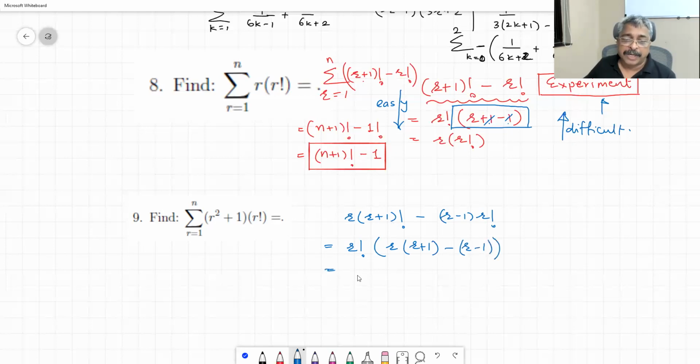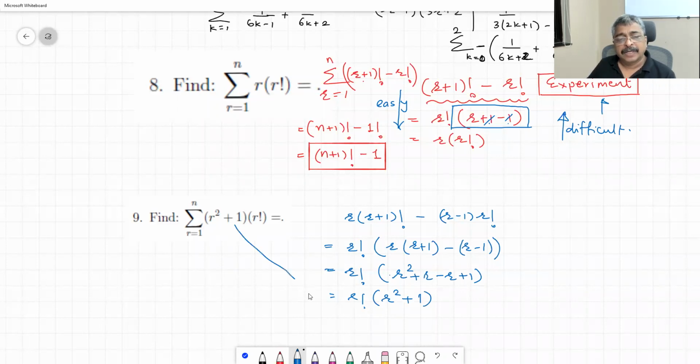Let us simplify the bracket and see whether we get what we want. r square plus r minus r plus 1 is equal to r factorial into (r square plus 1). That is same as this. And therefore telescopic setup is done.